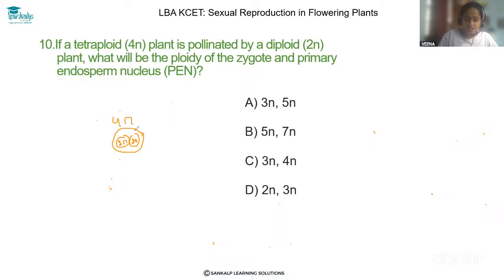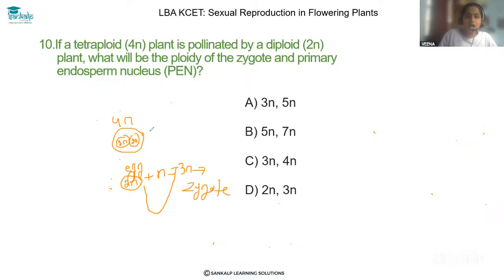And the egg will be 2n. When the male enters through the pollen tube, the male will be diploid, that means one male nucleus will be n. So 2n plus n will become 3n. That is the zygote.